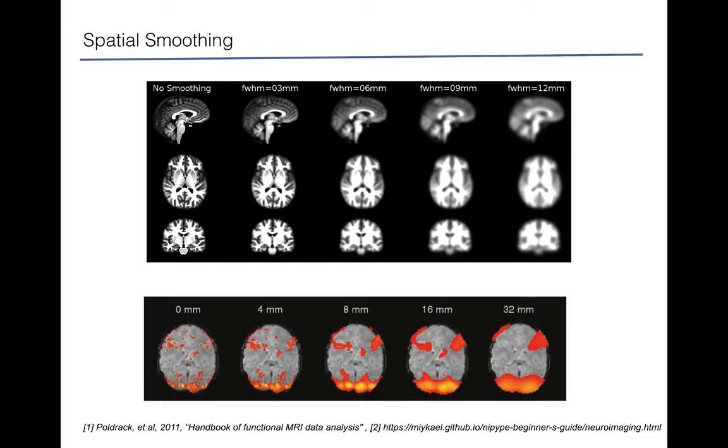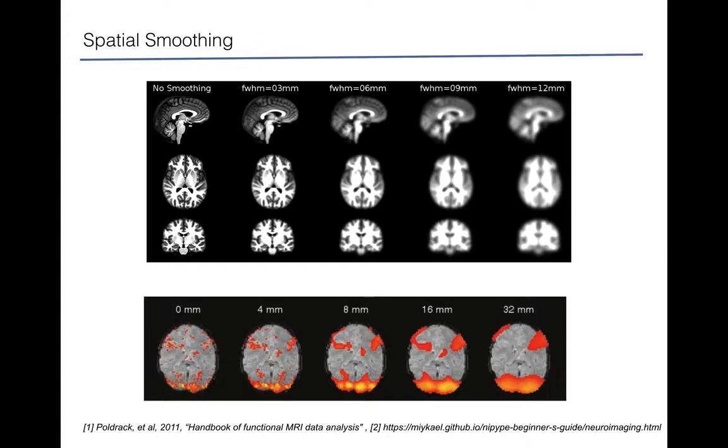Overall, as the FWHM increases, the image gets blurrier and blurrier. The amount of smoothness really depends on your data and what you're looking for in the data.